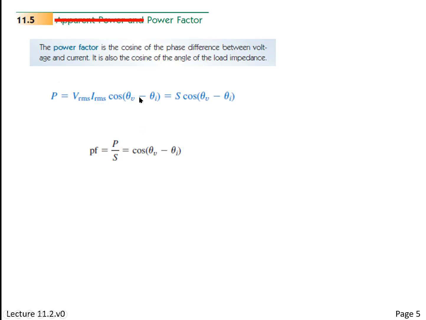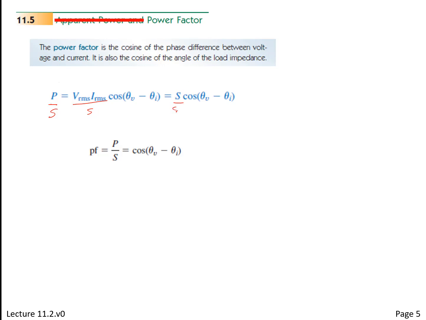Now what does it represent? Look here. I've got this formula stretched out. If I divide this by S, right, that's the same as dividing this by S, but I don't care about that one.